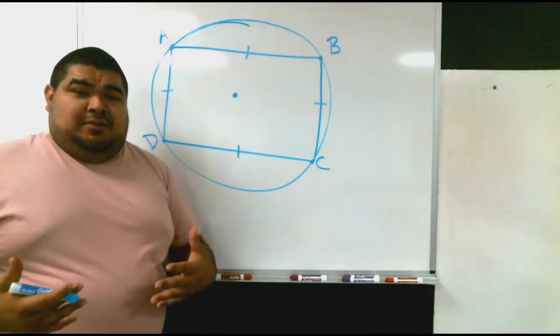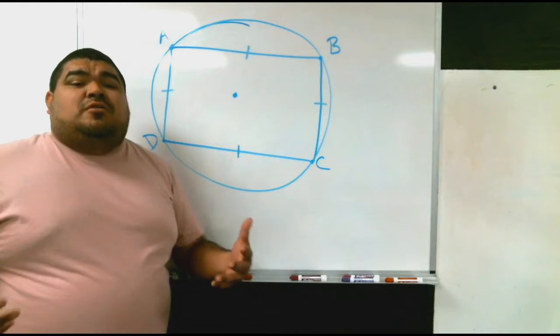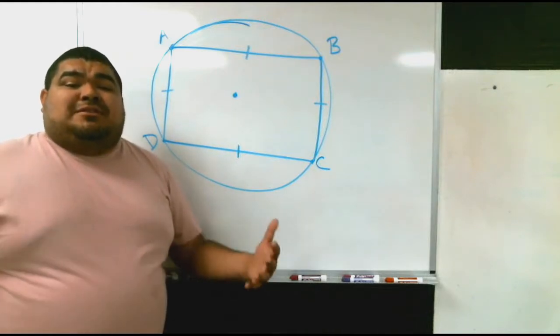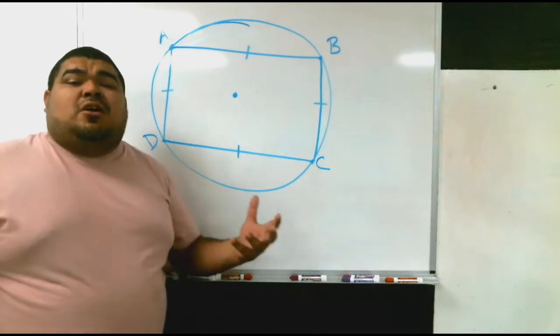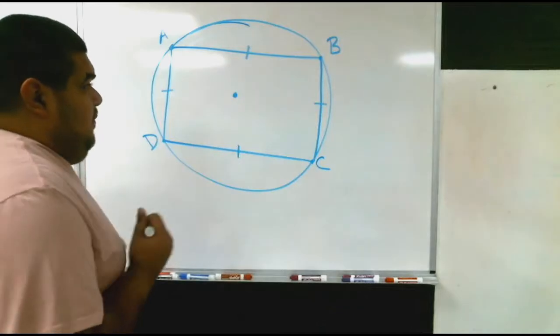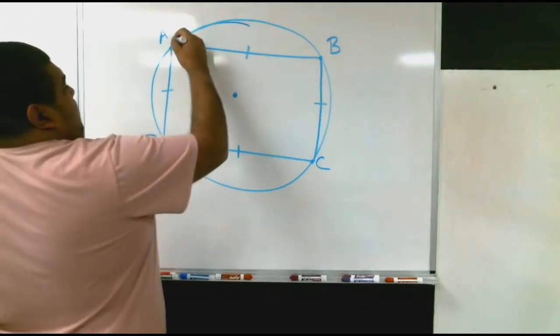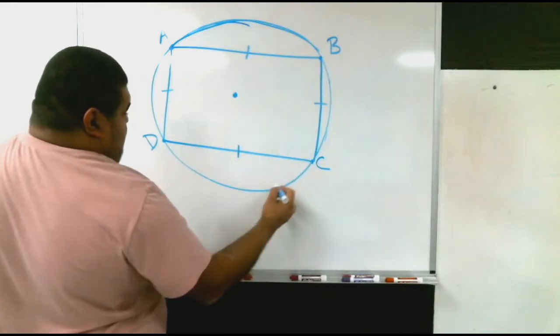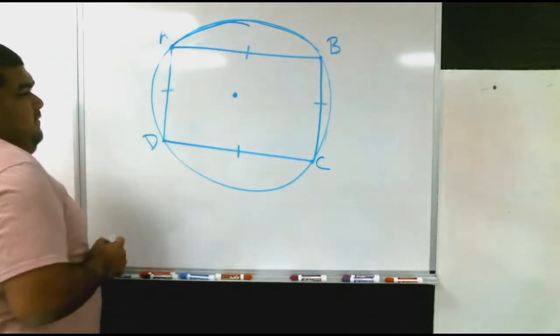All we have to know is a circle equals 360 degrees. We also have to know how many parts it's cut into, meaning how many arcs, and then just divide that number. Notice that we have 1 arc, 2 arcs, 3 arcs, and 4 arcs.